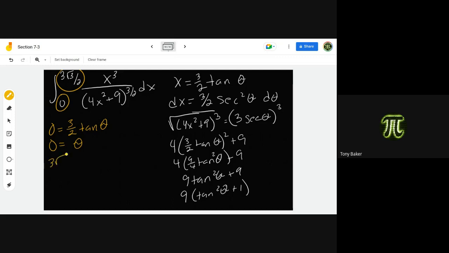And then I have 3 square root of 3 over 2 equals 3 over 2 tangent theta. So I got square root of 3 equals tangent theta. So which value of theta gives you square root of 3?